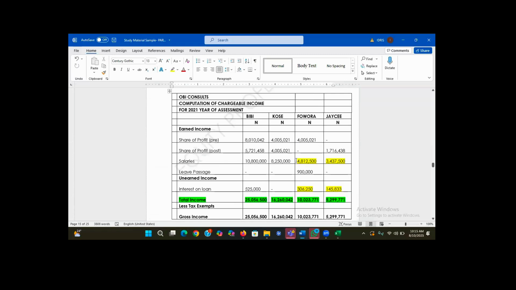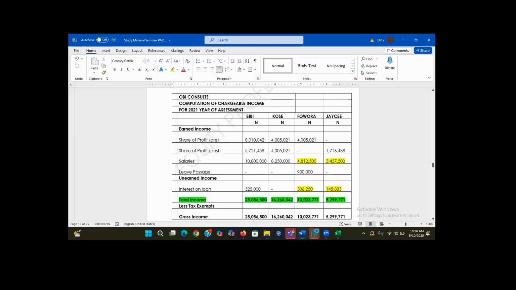We are done with earned income. Now the unearned income.